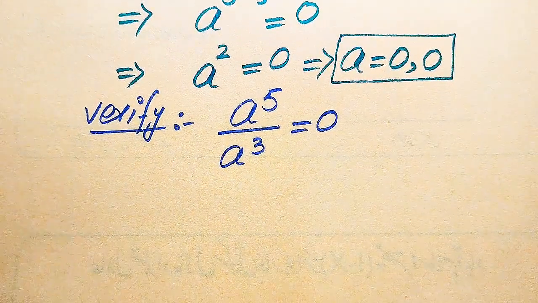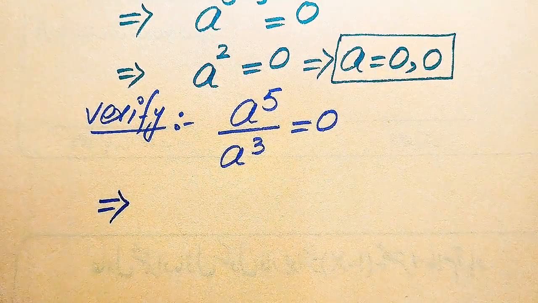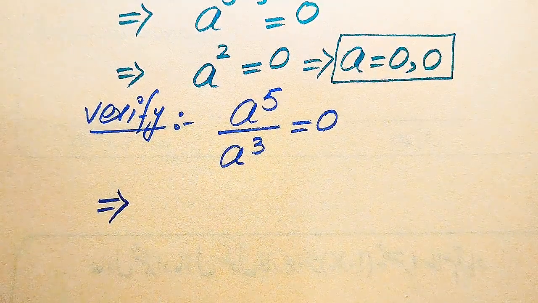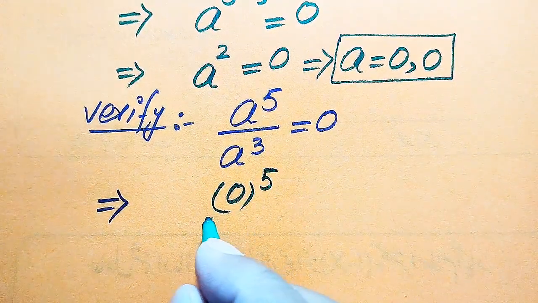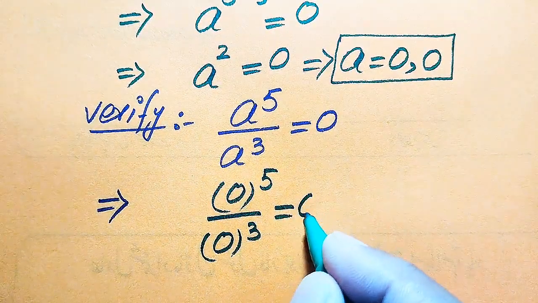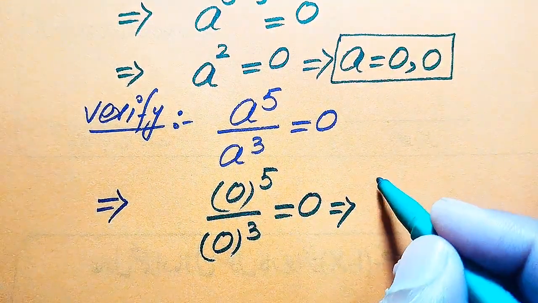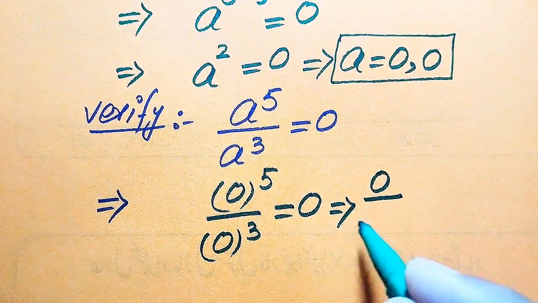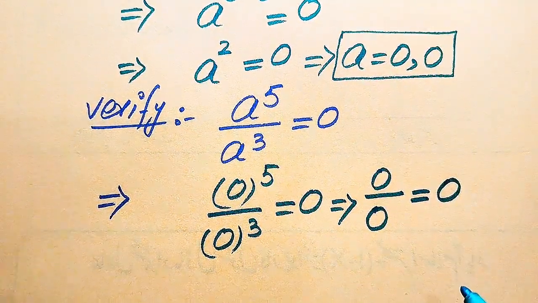And here we substitute a equals 0 into the left hand side and we check its behavior. So when we put it here, it becomes 0 to the power of 5 divided by 0 cubed. This implies that 0 to the power of 5 becomes 0, 0 to the power of 3 becomes 0.